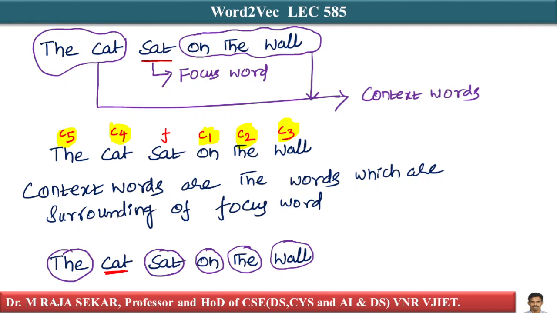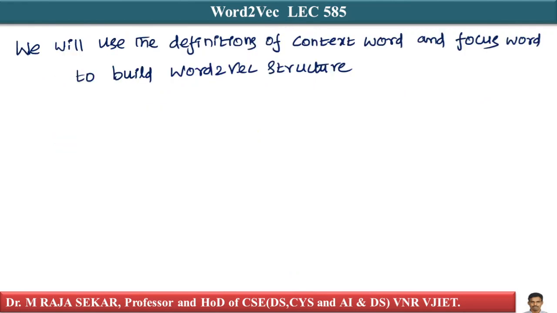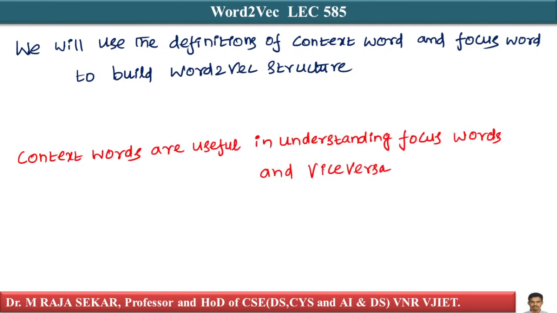We will use these definitions of what a context word and what a focus word is to actually build a Word2Vec structure. The core idea here is that the context words are very useful in understanding focus words and vice versa, isn't it? That's the core idea.